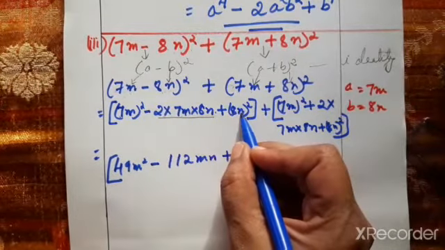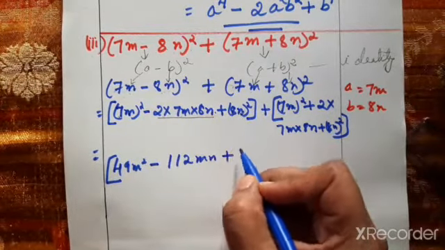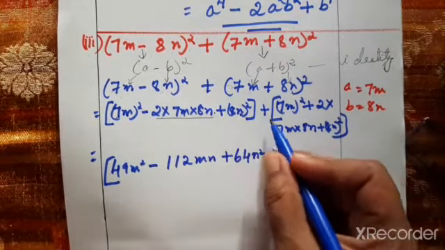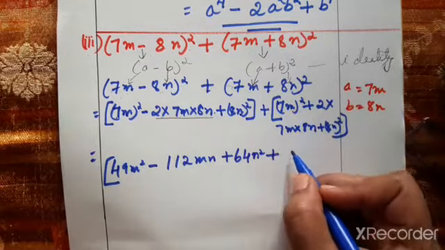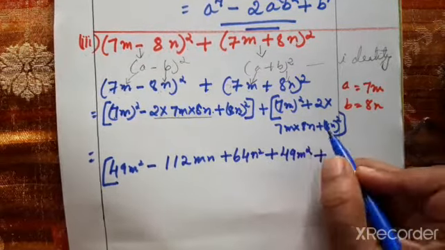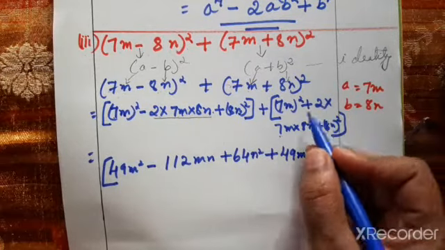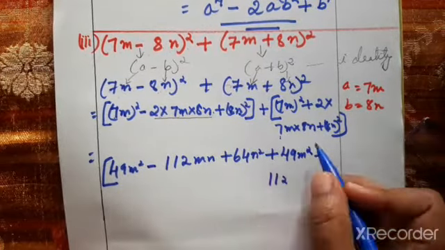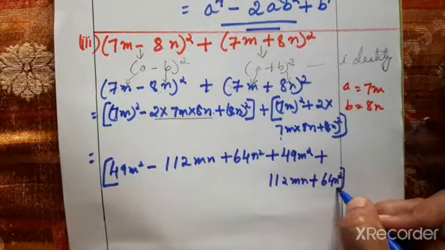Plus (8n)² means 8 eights are 64, n into n is n². Then in the second bracket, (7m)² is 49m², plus 2 into 7 into 8 is 112mn, plus (8n)² is 64n².